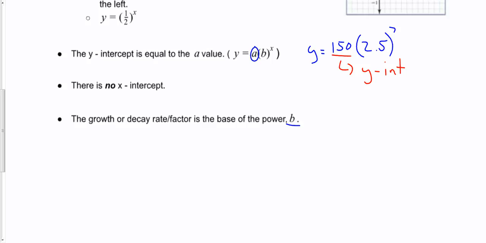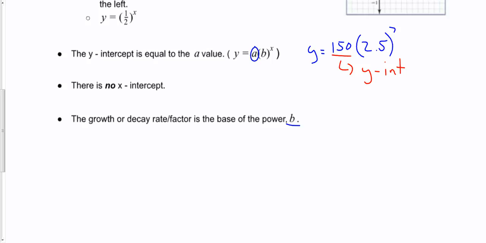In general, the bigger the value of b for increasing values, the faster it increases. The smaller the value of b for decreasing values, the faster it's decreasing. So the b value is the rate of decay or the rate of growth. It just determines how quickly that curve is going to be going.